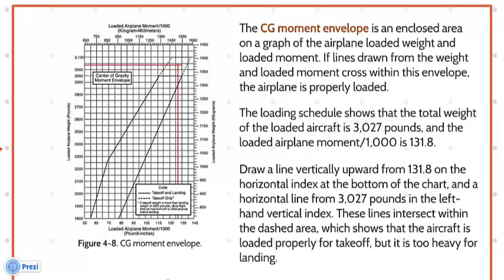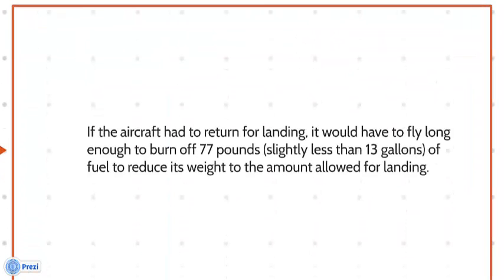These lines intersect within the dashed area, which shows that the aircraft is loaded properly for takeoff, but it is too heavy for landing. If the aircraft had to return for landing, it would have to fly long enough to burn off 77 pounds, slightly less than 13 gallons, of fuel to reduce its weight to the amount allowed for landing.